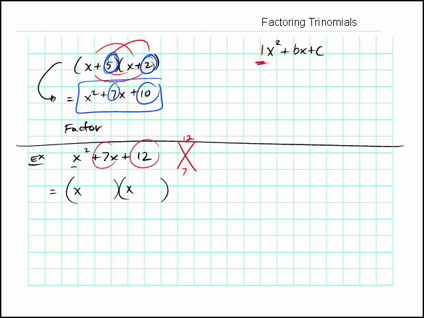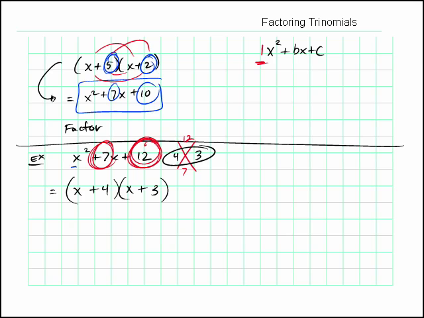Basically what I'm going to do is look for two numbers that multiply to 12 but add up to positive 7. The two numbers that multiply to 12 and add up to positive 7 are 3 and 4, or 4 and 3, same thing. So I'm going to put a 4 here and a 3 there.